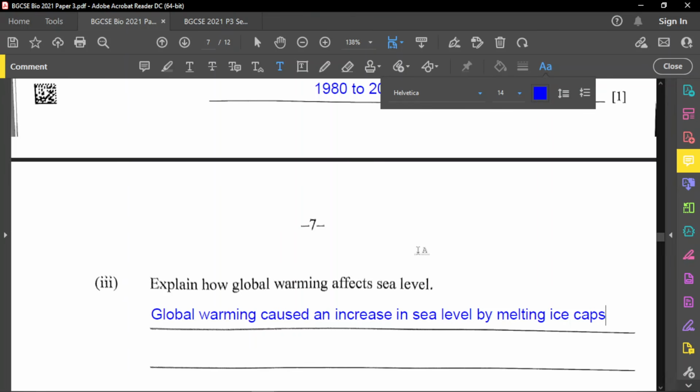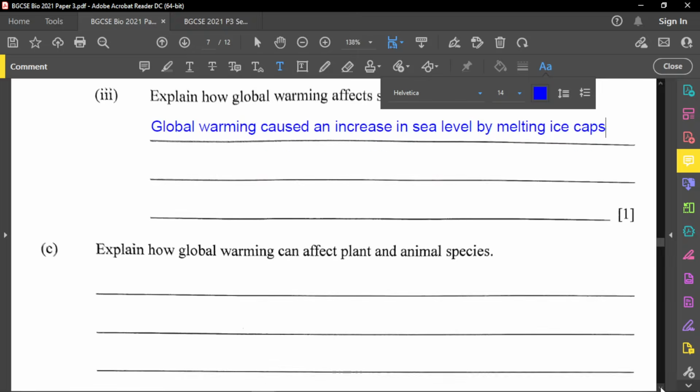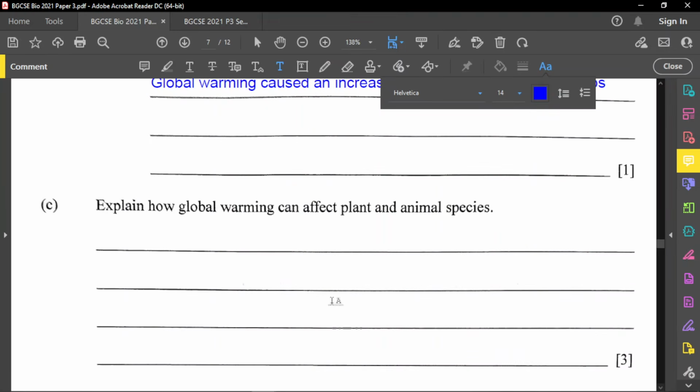So here now, for part C, let's go down to the next part of this question. Explain how global warming can affect plant and animal species. There's a number of ways that this can affect plant and animal species. One is flooding, and it said explain.